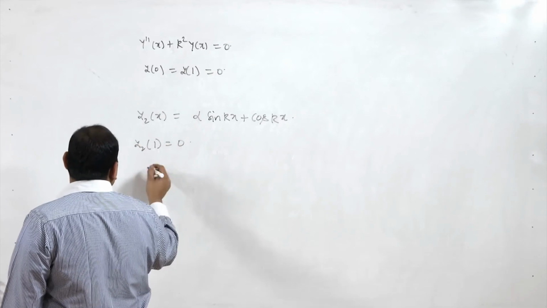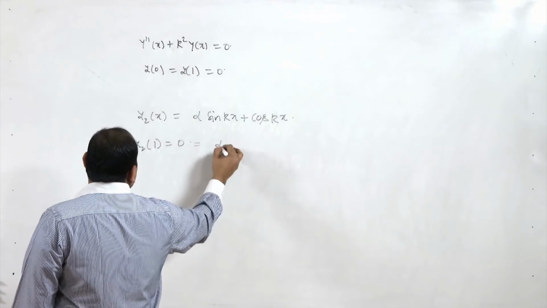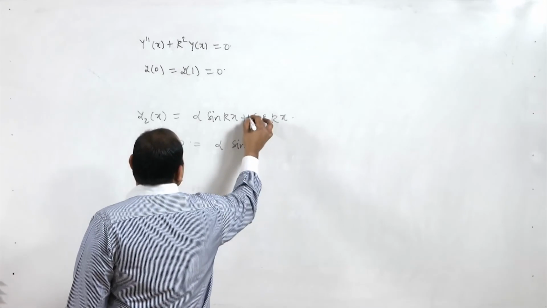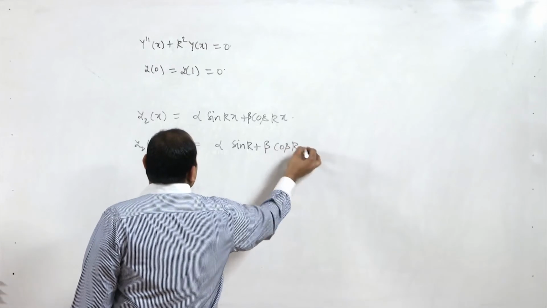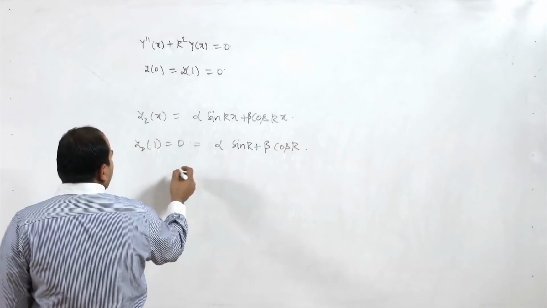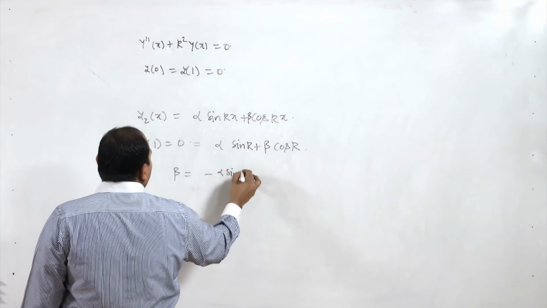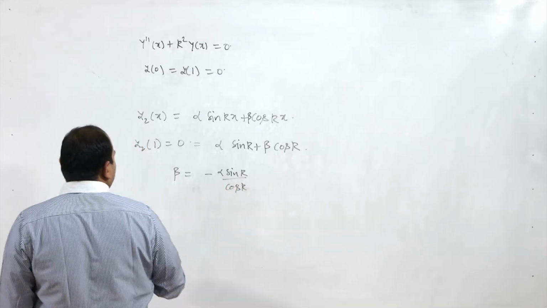If you put y2(1) = 0, you will get 0 = alpha sin(k) + beta cos(k). So you can write beta = minus alpha sin(k) upon cos(k). I am assuming that cos(k) is non-zero.